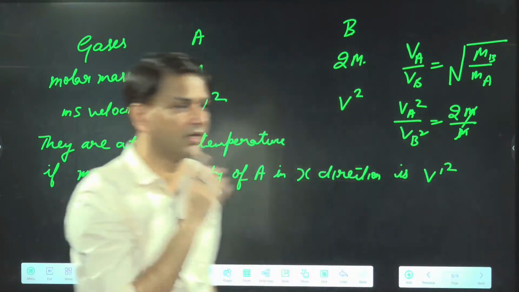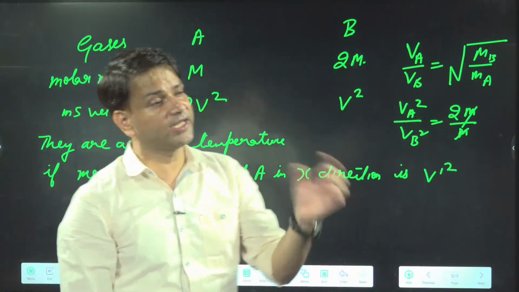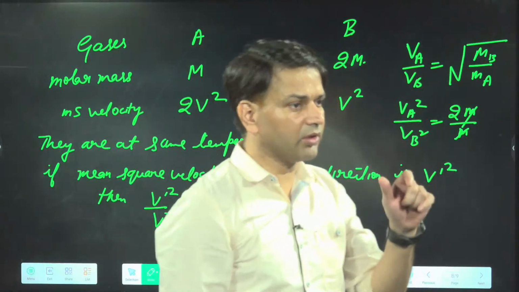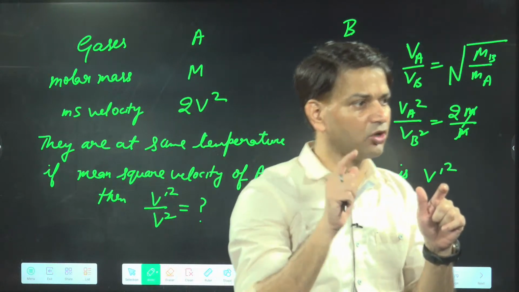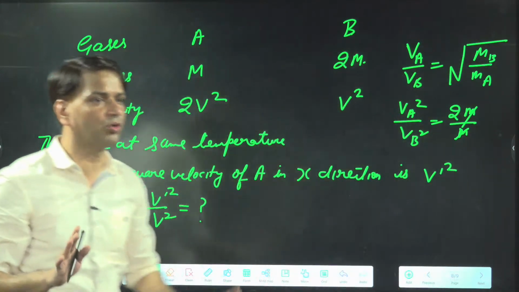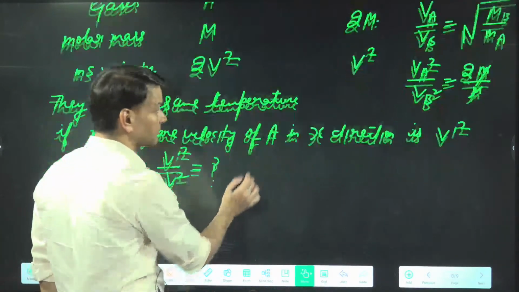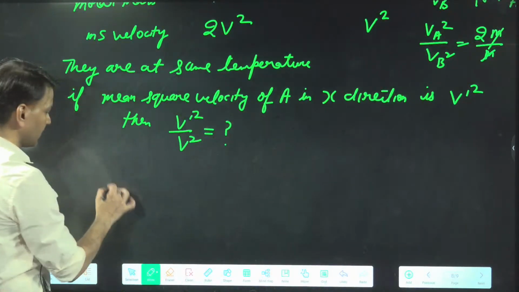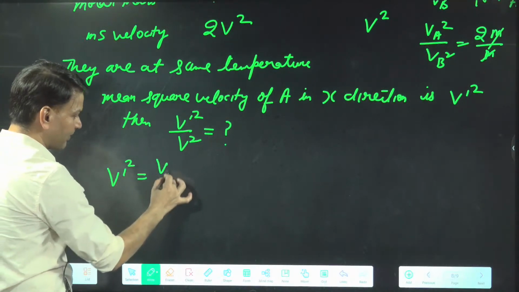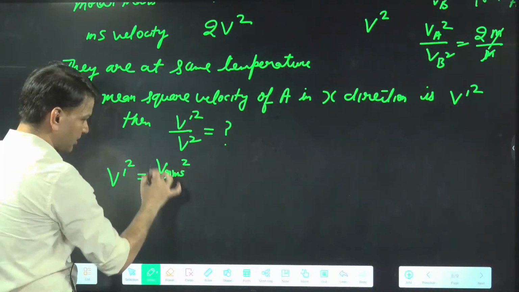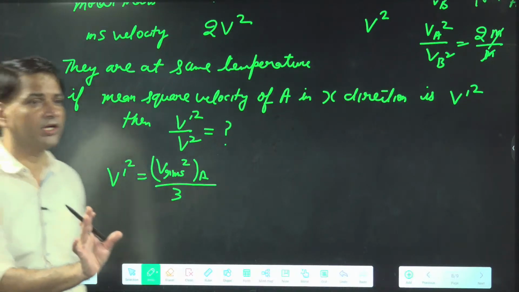Now remember? Who will say what is the mean square velocity of A in the X direction? That will be VRMS of A square by 3. So I can say V dash square is equal to VRMS square of A by 3, because I am only asking particularly for the X direction.